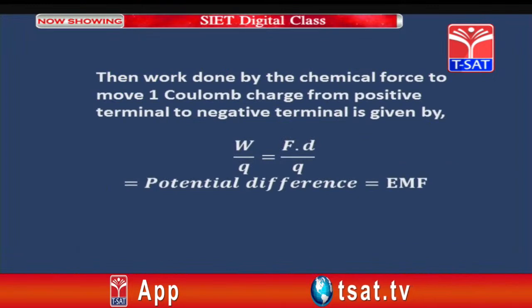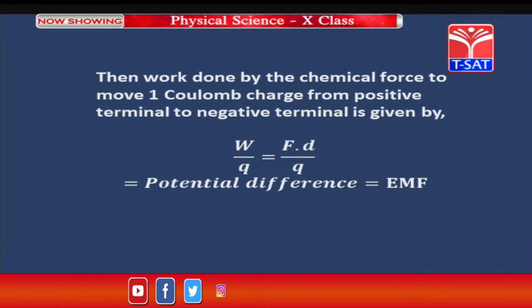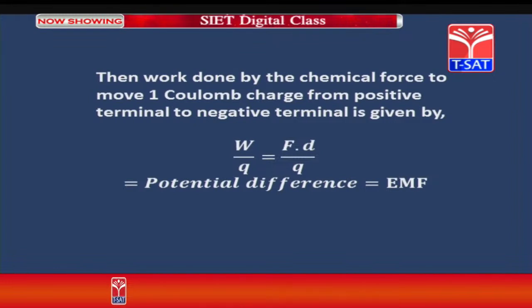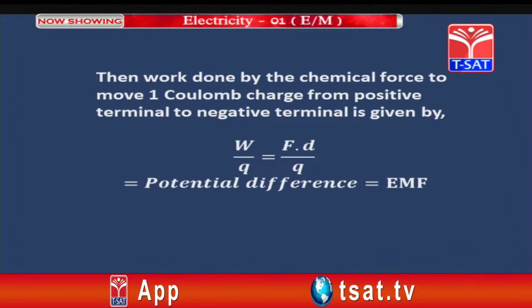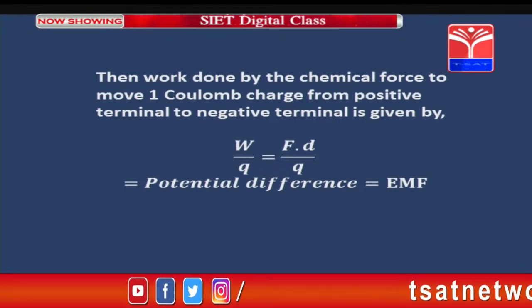The work done by the chemical force to move 1 coulomb of charge from the positive terminal to the negative terminal is given by W by Q, which is equal to force times distance by Q. This is called potential difference. In other words, it is called EMF, electromotive force.